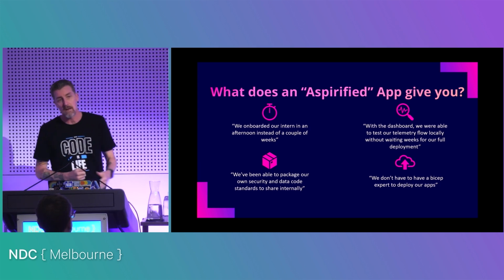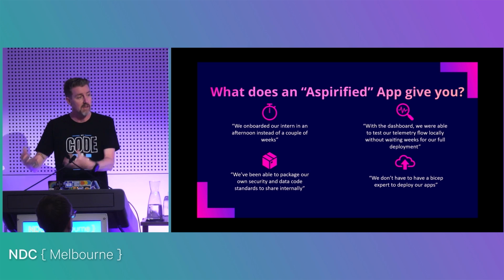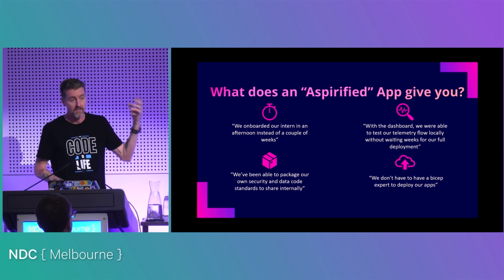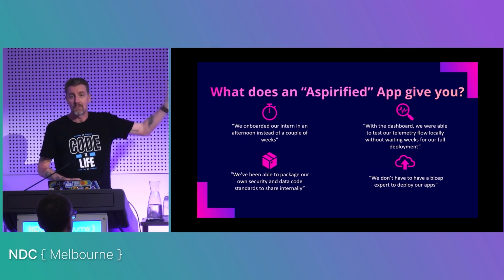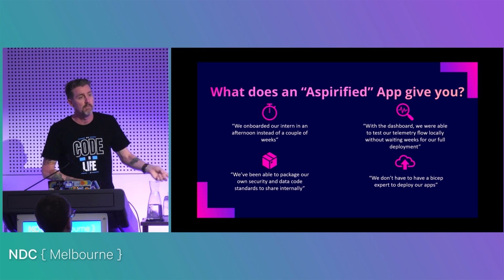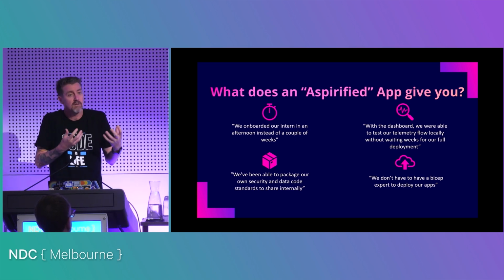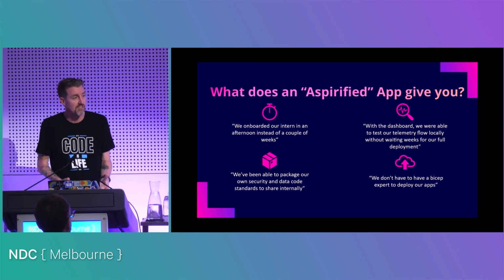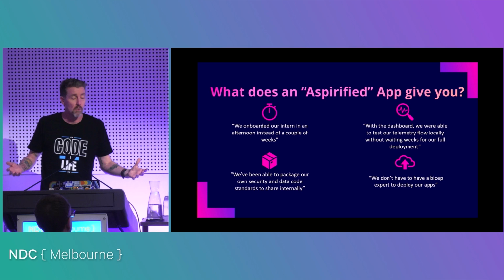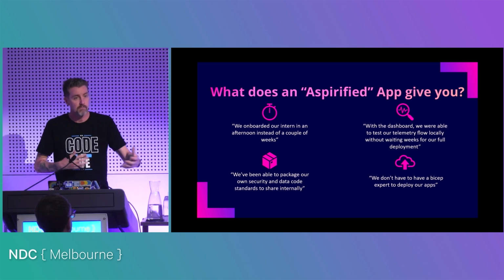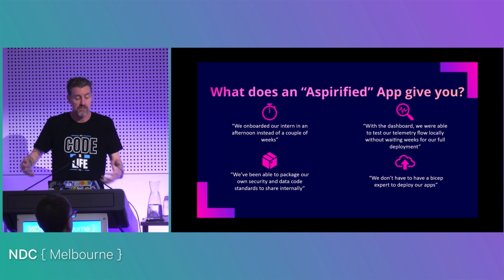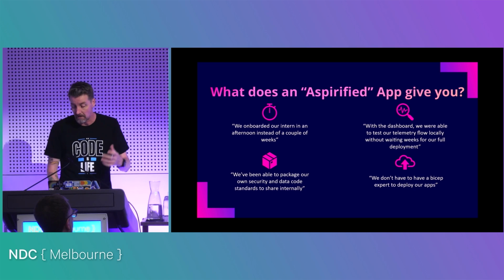We've had feedback from customers who started leveraging Aspire in their environments: they went from taking a week to bring on a new developer to an afternoon. That's a radical improvement in efficiency. Getting someone up and running in half a day rather than the better part of a week means they can contribute to the velocity of the project a lot sooner and a lot better.